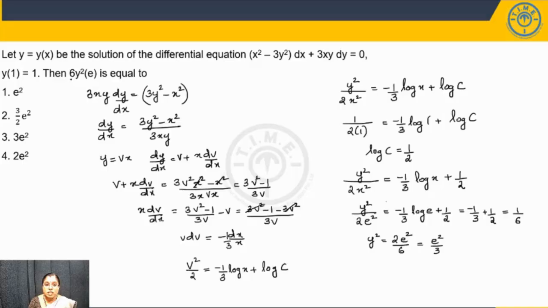We have to find out 6 into y square, right? So 6 into y square at e is given by 6 into e square by 3. So cancelling common factors, we have 2e square. So the required answer is option 4. I hope it's clear.